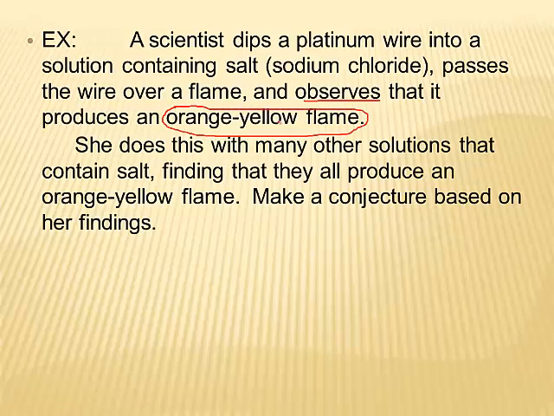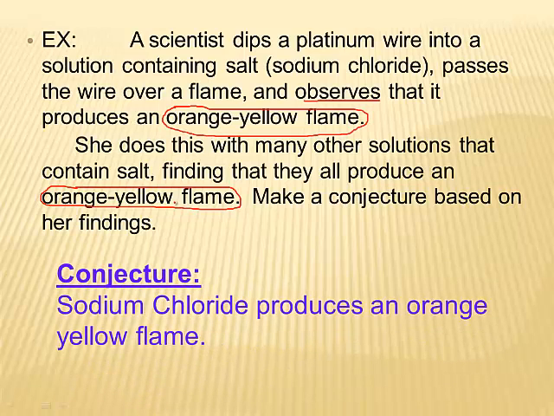She does this with many other solutions that contain salt, finding they all produce, again, an orange-yellow flame. Make a conjecture based off her findings. Well, if I have done that with many different salts, I can make the conjecture that sodium chloride, or salt, produces an orange-yellow flame. That's my conjecture, based off of the patterns that I've seen from this experiment.